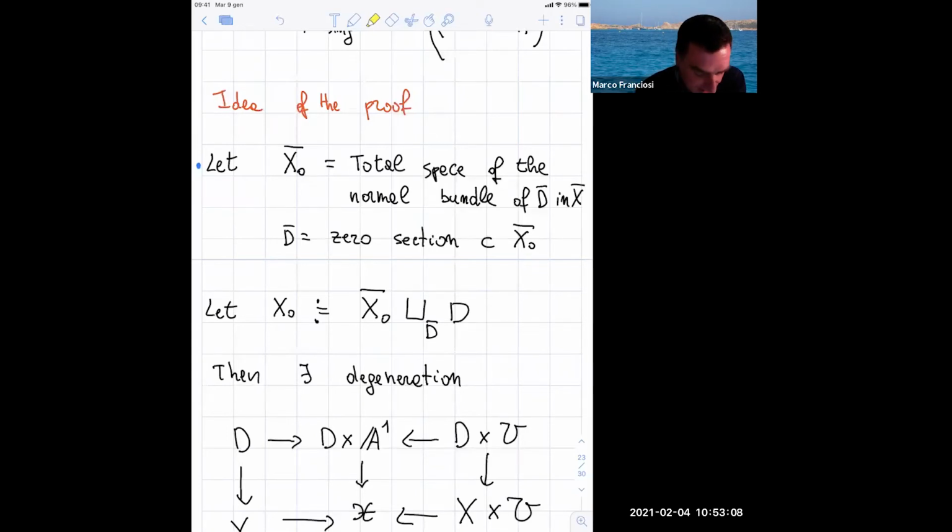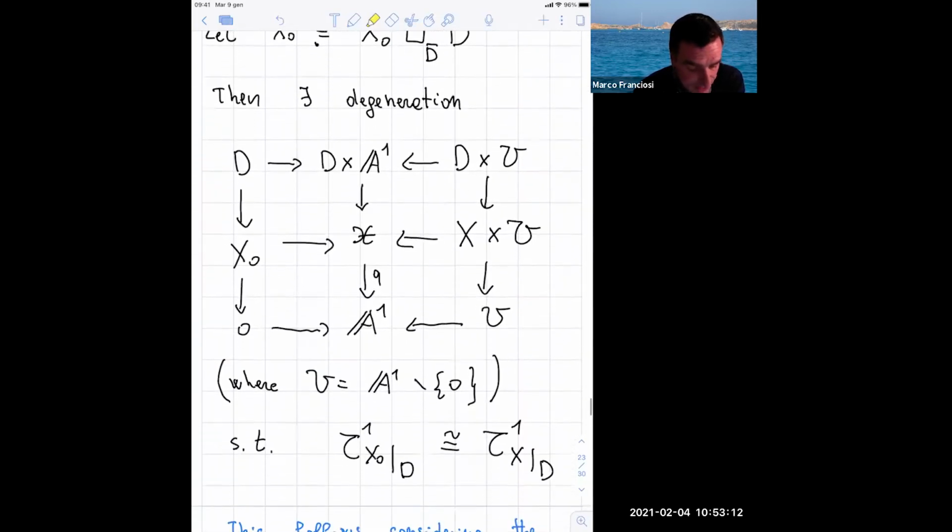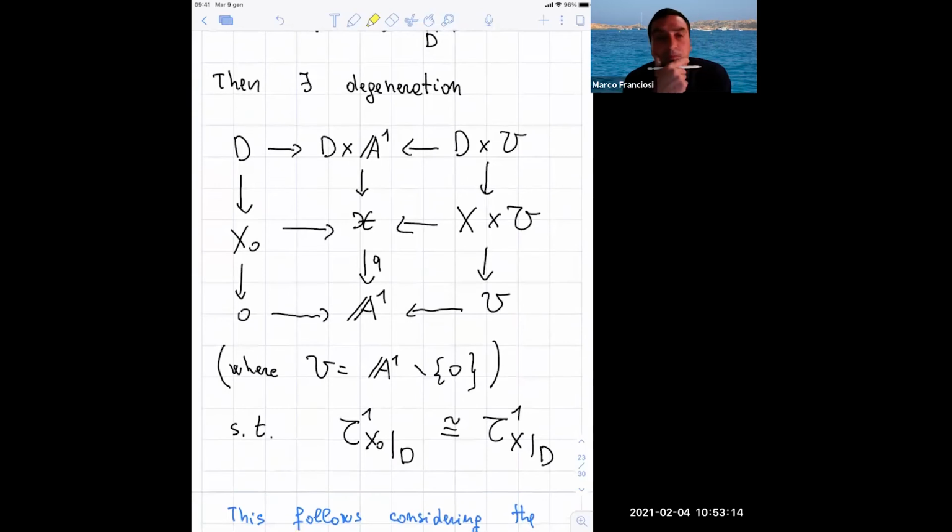The key point is that there exists a degeneration as follows. On one side, we have our X0 just built, and on the other side, we have our X cross U. And in the middle, we have this X curly.